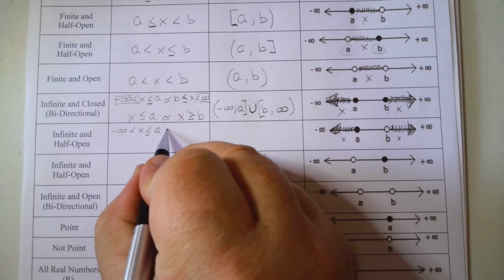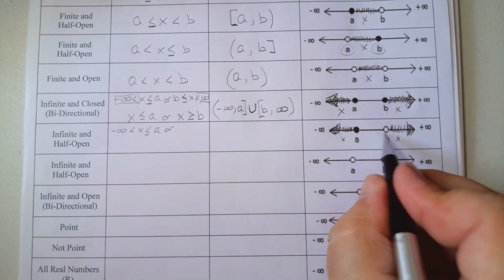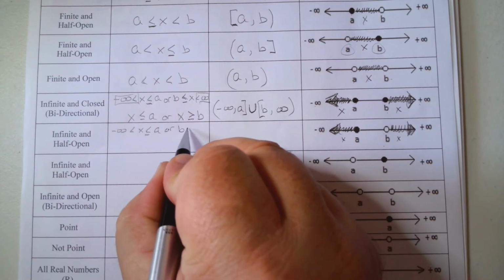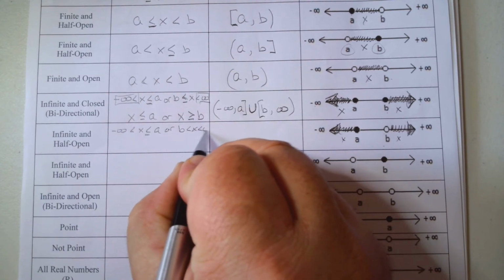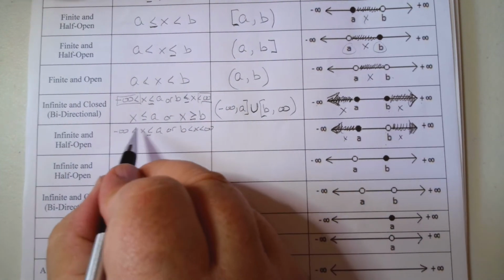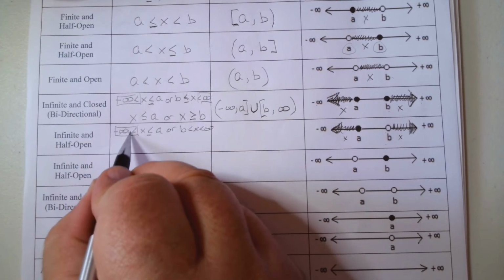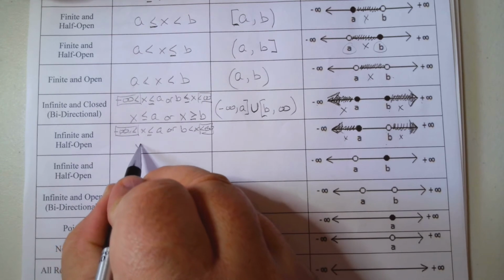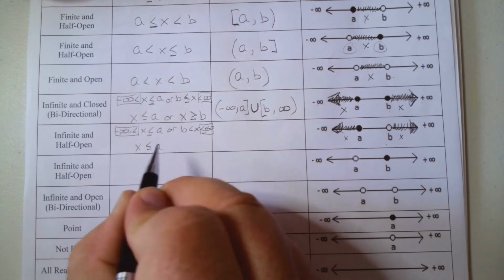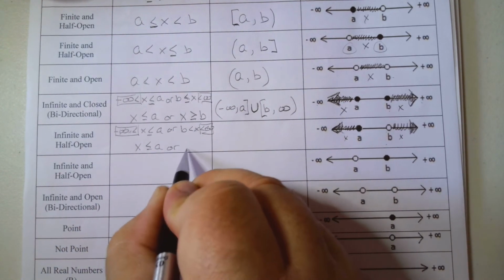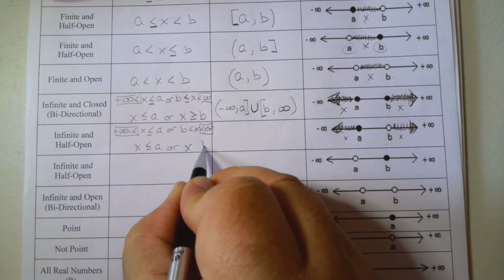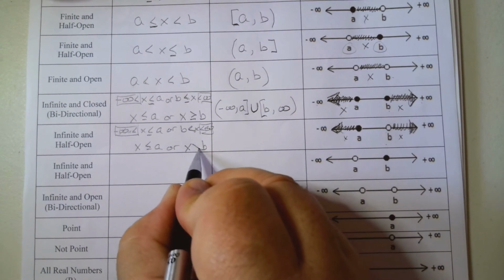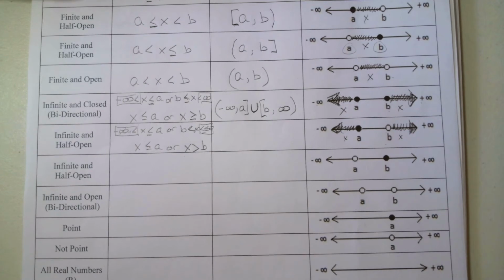Or b is less than x is less than infinity. Get rid of the infinity parts. So x is less than or equal to a, or x is greater than b.